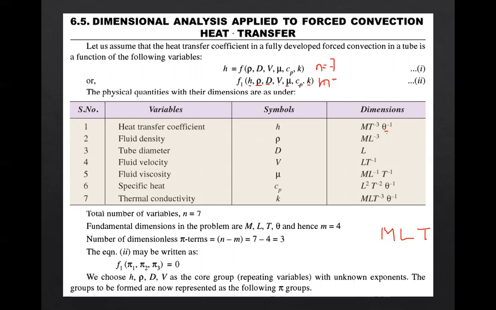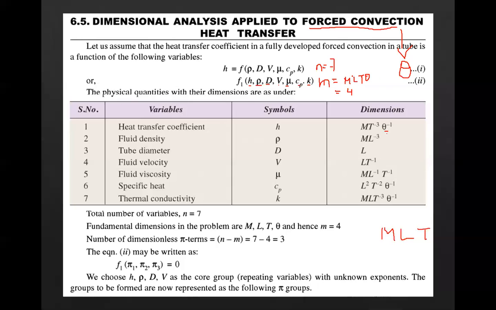Since we are using this for forced convection, we introduce one more dimensional quantity, theta, which denotes the temperature difference. That's why we are using M, L, T, and theta. That means the value of m is equal to 4.